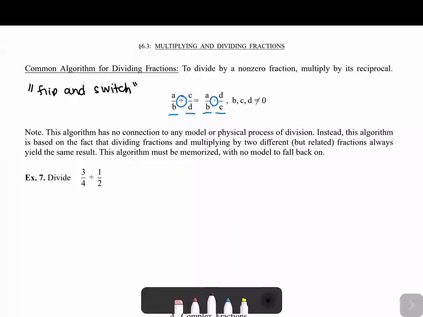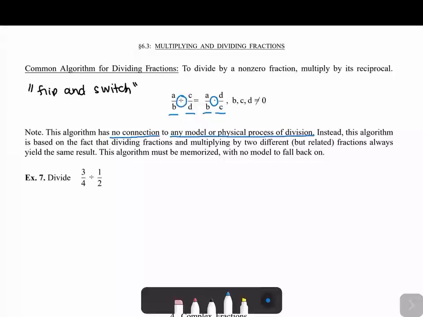Okay, so one thing about this algorithm is that it has no connection to any model or physical process of division. It is a trick that works. And if you want students to know truly what it means to divide fractions, this is not the first thing you should teach them.